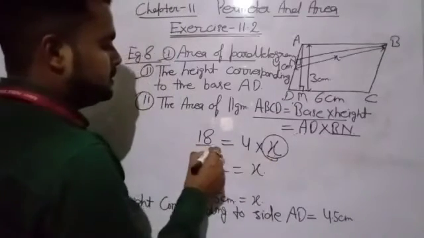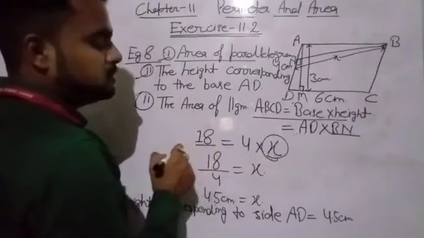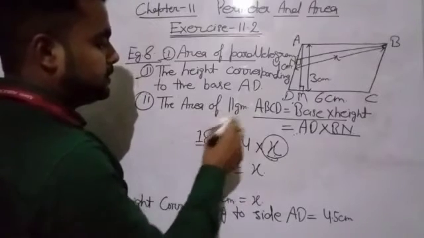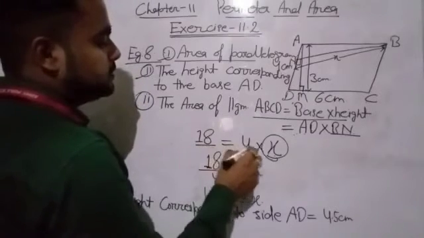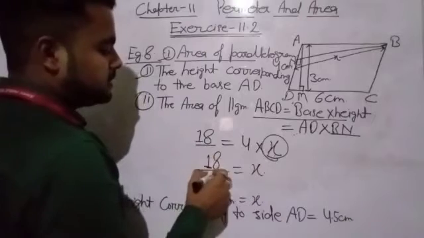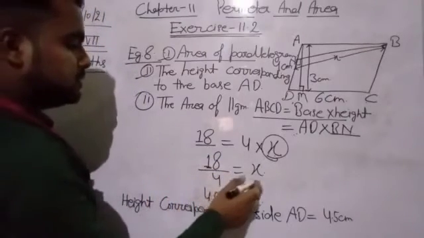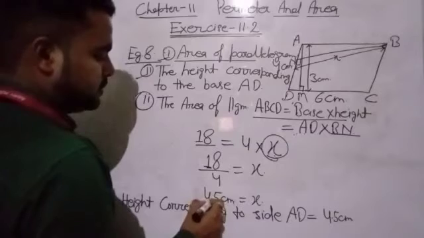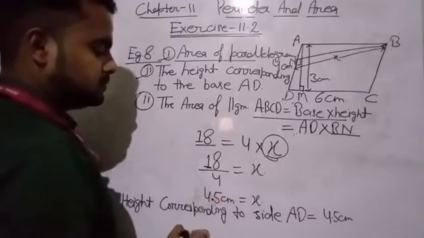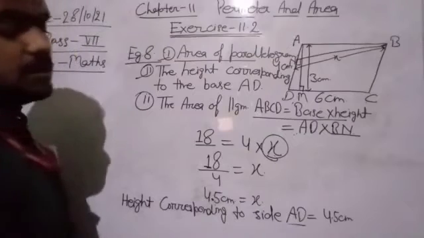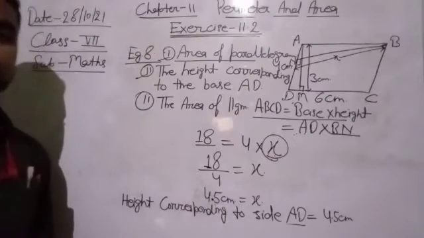So 18, it comes from the first part, 18 centimeter square, the area of parallelogram ABCD. 18 is equals to 4 into x. When 4 goes to this side, it divides the 18. So 18 by 4 is equals to x, so x equals 4.5 centimeter. So here height corresponding to side AD is 4.5 centimeter.